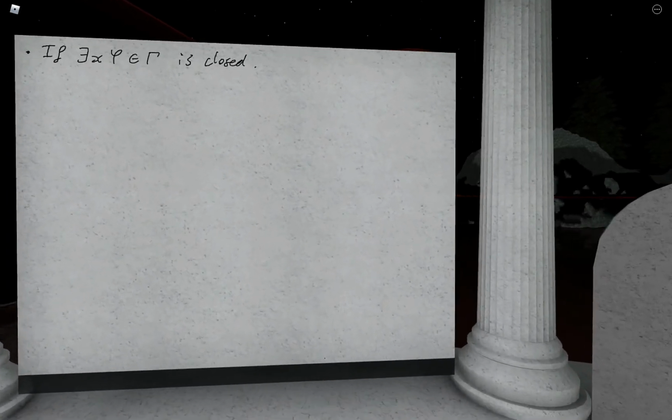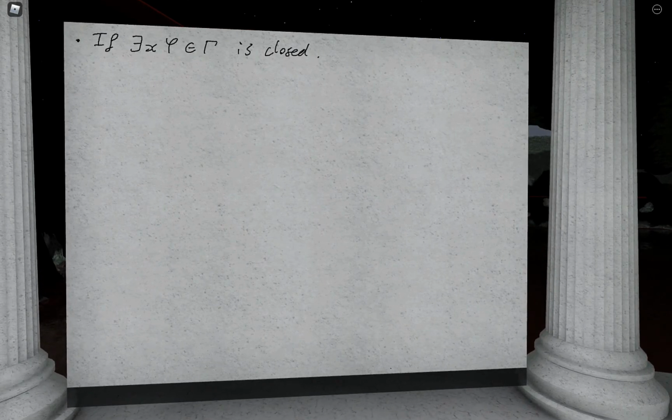Okay, so now I'm at the case where exists x phi is in gamma and is closed. Let me just inspect the free variables of this formula.